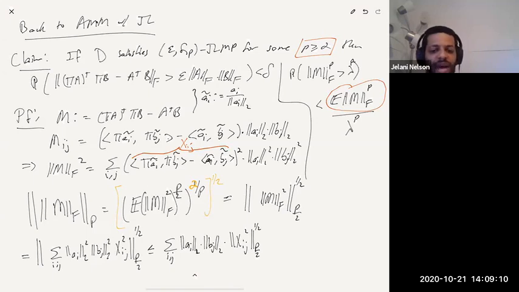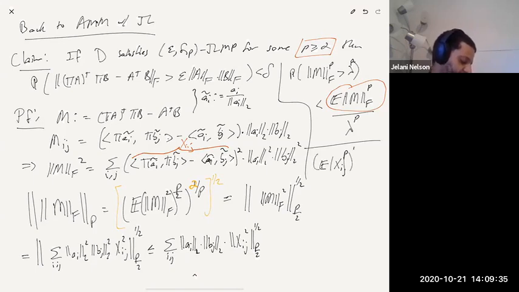But again, what does this mean? This thing here means the expectation of the absolute value of xij to the p, to the 2 over p, to the 1/2.